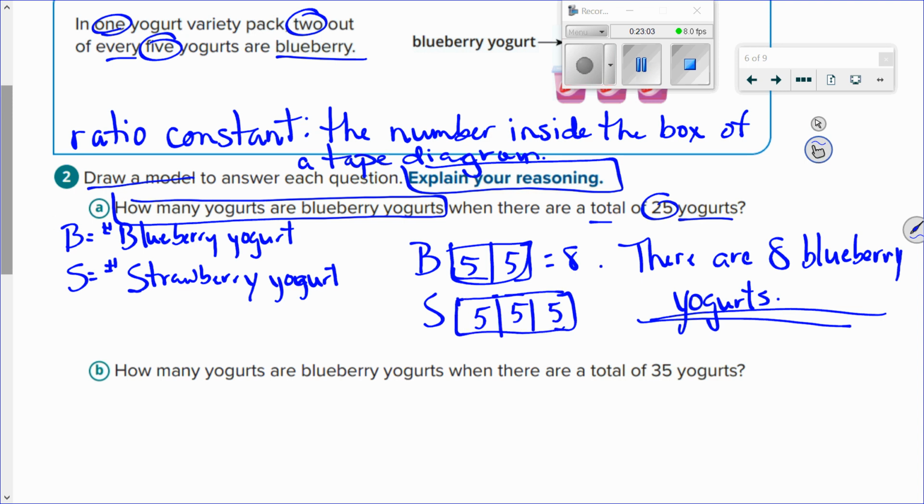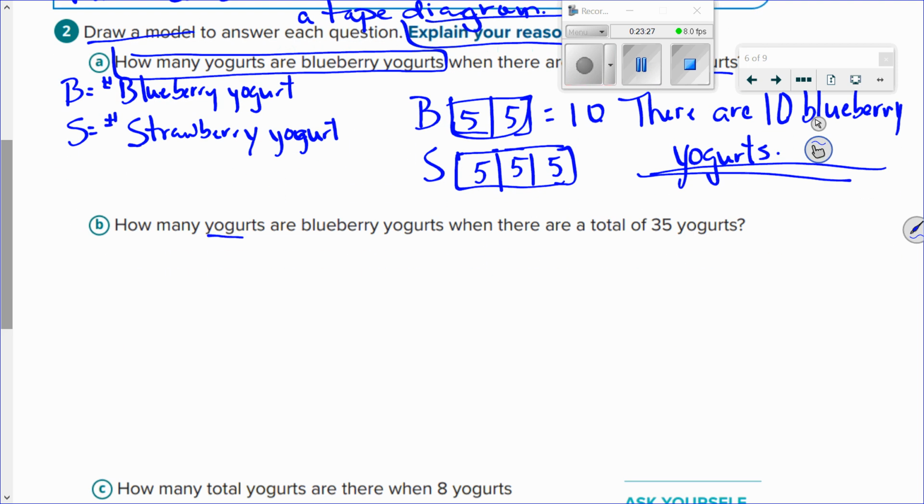So now, that's where the 10 comes from. Does everybody understand it now? Everybody see the difference? Okay? You have to realize what they gave us. They said 25 total yogurts, meaning I needed 5 in every box to get there. Everybody tracking now? Okay. Let's try it again.